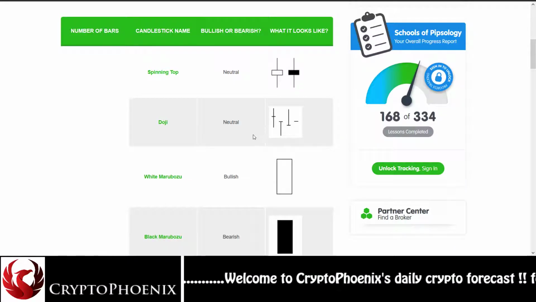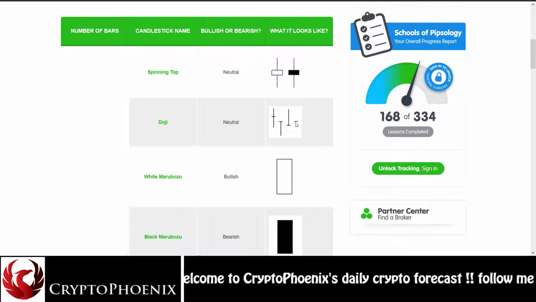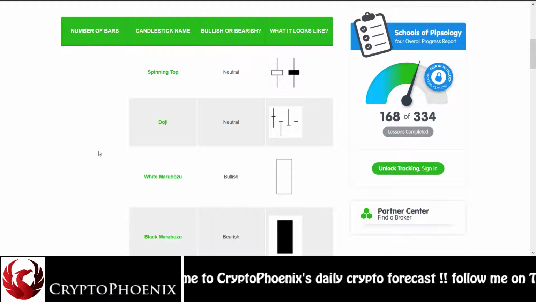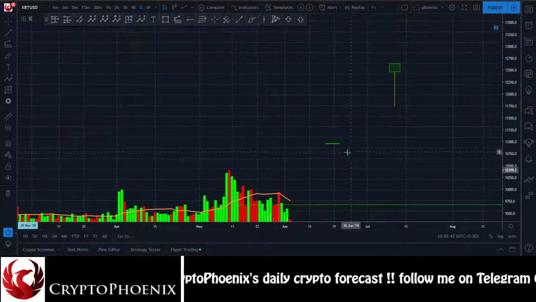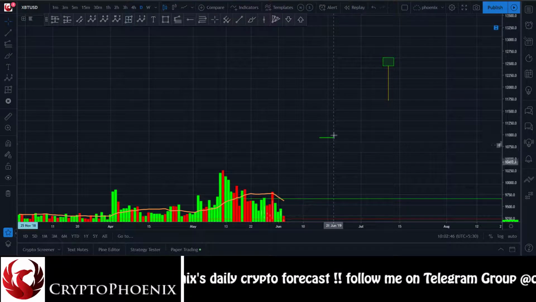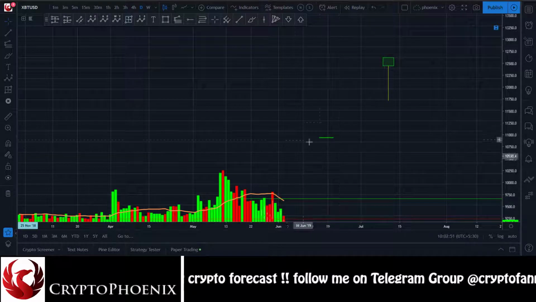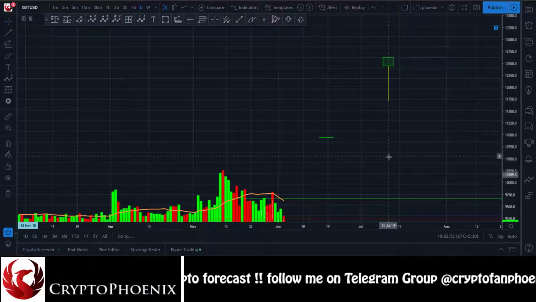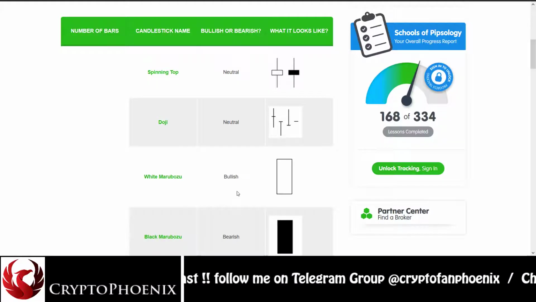So all three types are shown here, and you can see this type of candle is also a sort of doji. There was a tie in the tug of war between the bears and bulls, and hence we get this sort of candle. So this is also a neutral signal.